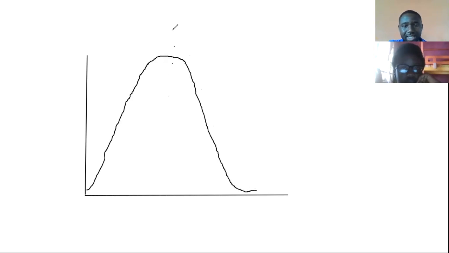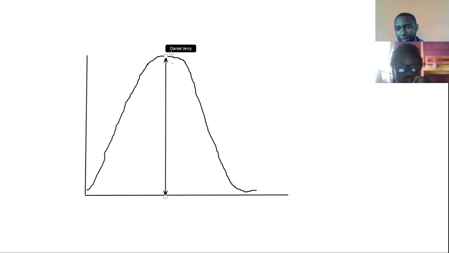Now, this is something that explains what I'm trying to say. You are heating up a substance. The temperature keeps increasing. The moment it gets to this place, now this has to do with the activation energy. It has to be broken down.